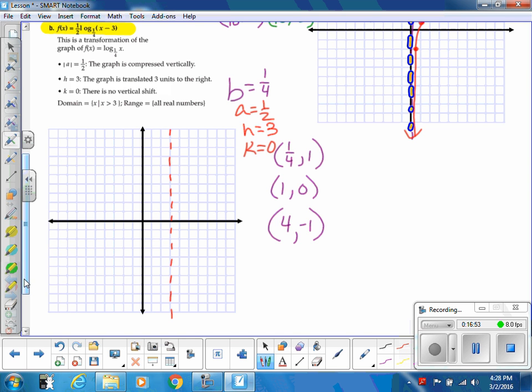So, I've got my original points. Now apply your A. That means take the 1/2 and multiply to every single y value. So that gives me 1/4, 1/2, 1, 0, because 0 times anything is 0, and 4, -1/2.